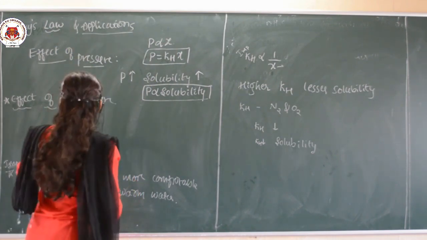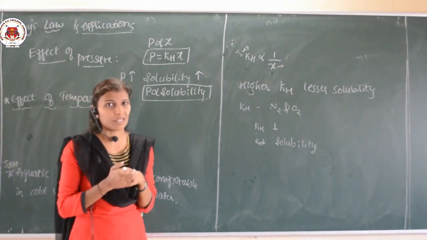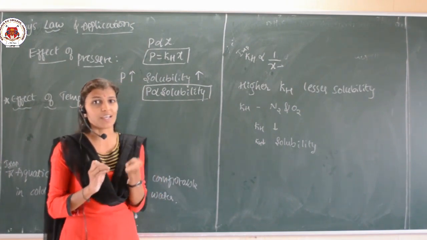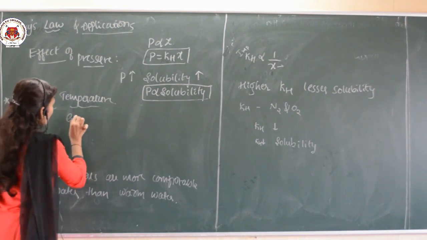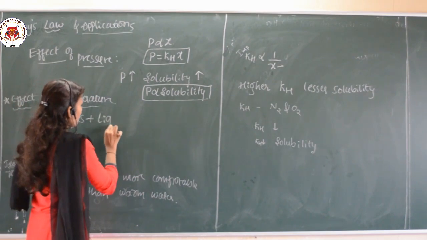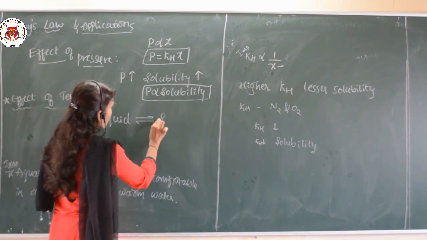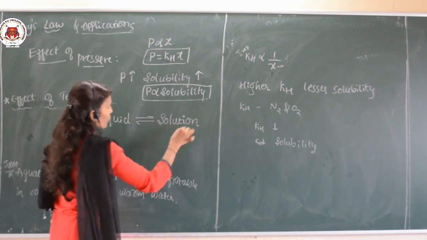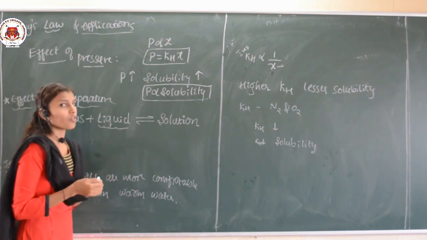Okay. So, today we are going to discuss the effect of temperature on the solubility of a gas in a liquid. The gas is dissolving in the liquid, so there is a dynamic equilibrium, and there is a formation of a liquid solution, because we are using liquid as our solvent.